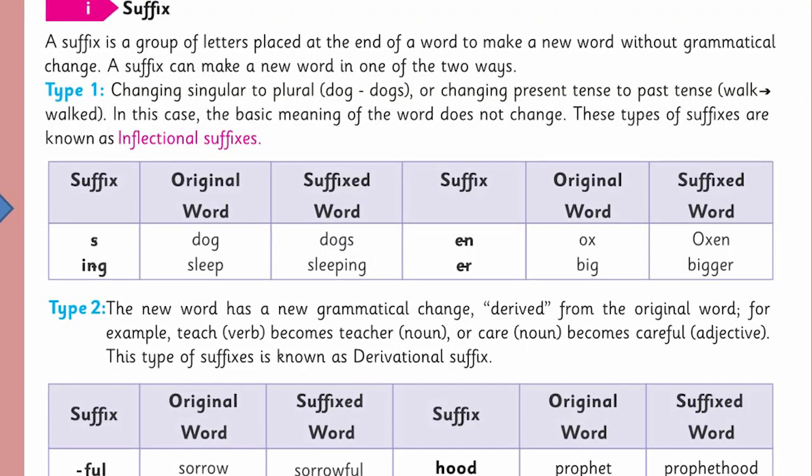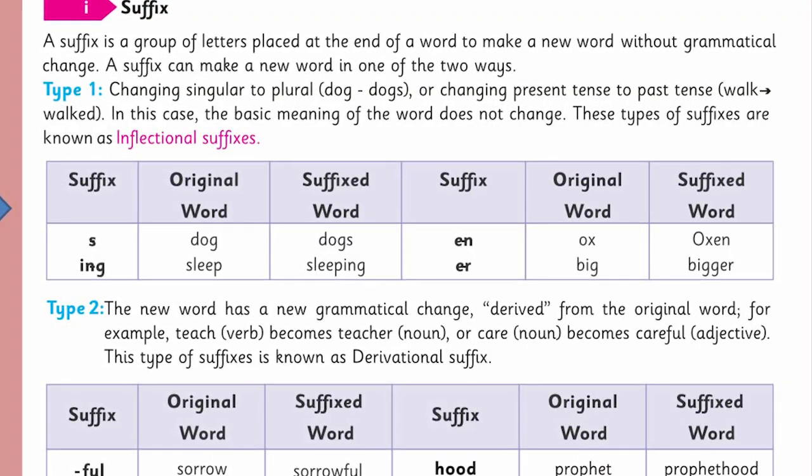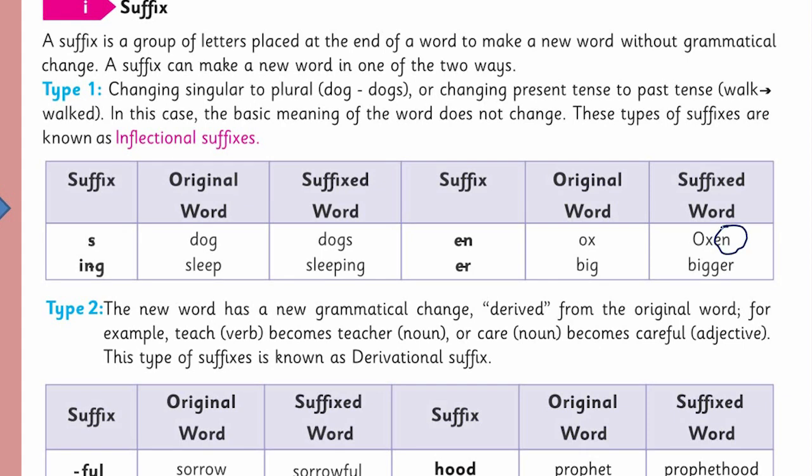So you can see the difference of spelling here. We have added en here to make it plural and s here to make it plural. These are called the suffix words. En and s here, these are called the suffix word, the additional words here, the inflectional suffixes.